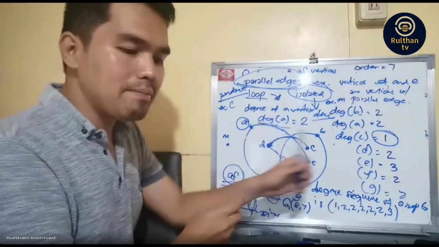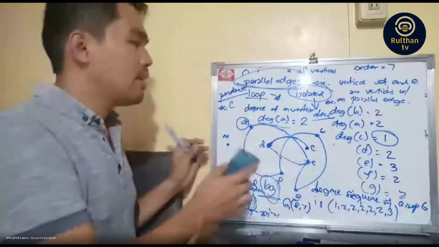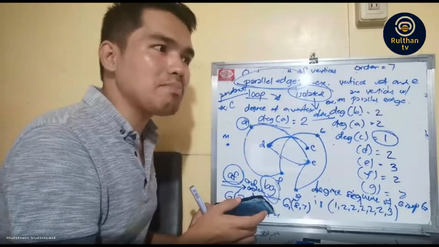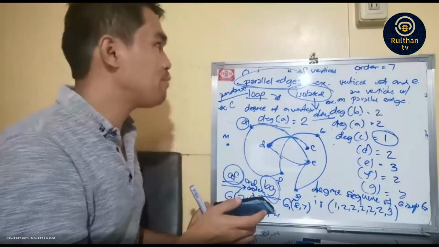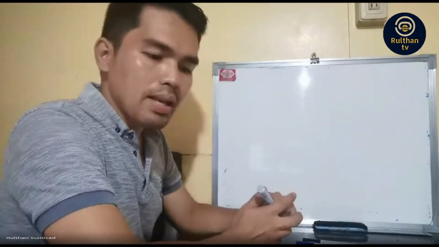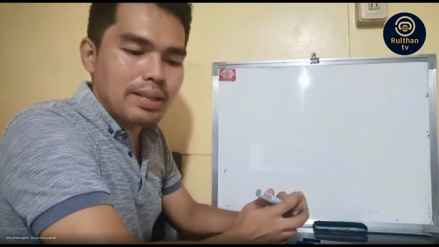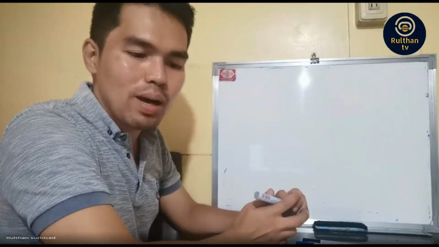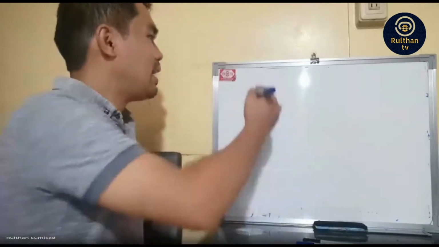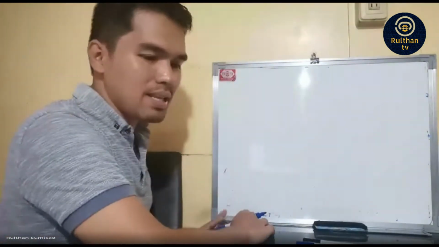Now let's have this theorem. A theorem is a statement that is proven true in the field of mathematics. The theorem says that in a graph G, the sum of the degrees of all the vertices is twice the number of edges. Sorry, I already erased it. Let's just make another graph.